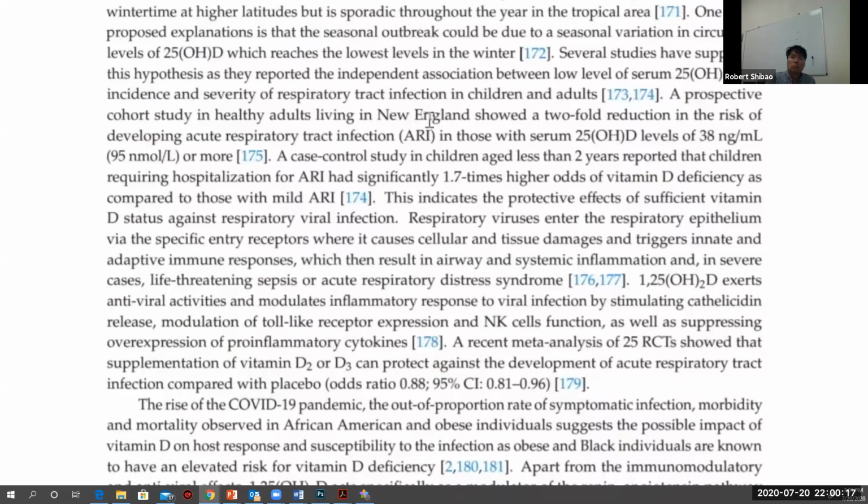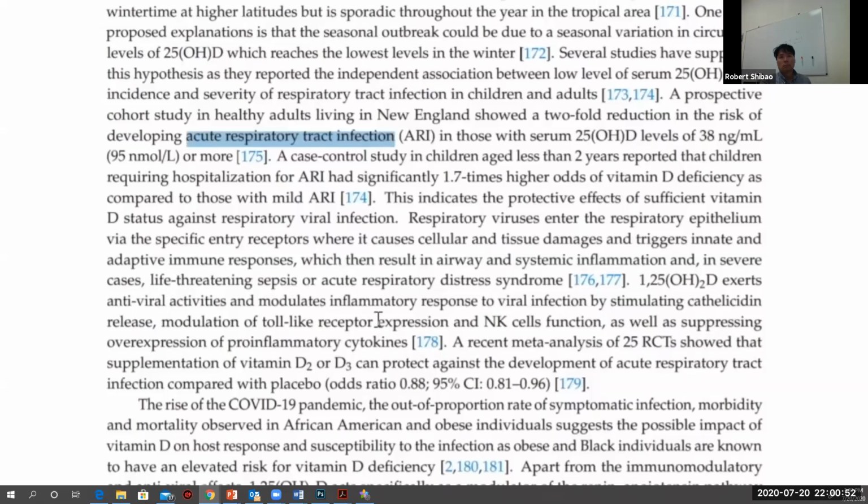A prospective cohort study in healthy adults living in New England showed a twofold reduction in the risk of developing acute respiratory tract infections in those with serum 25-hydroxyvitamin D levels of 38 nanograms per milliliter, which is 95 nanomoles per liter or more. So in this case, they weren't supplemented, but they followed those that had higher levels. And it showed that there was a twofold reduction in the risk of developing acute respiratory tract infections.